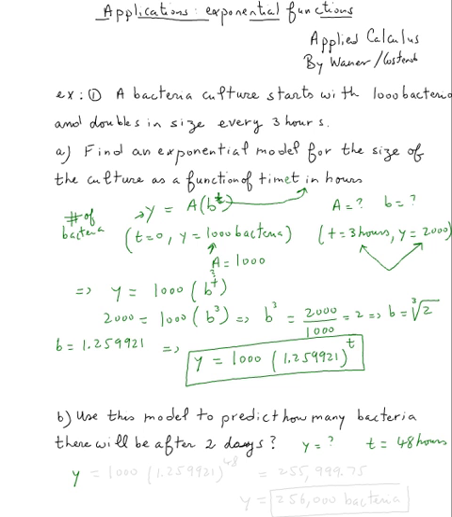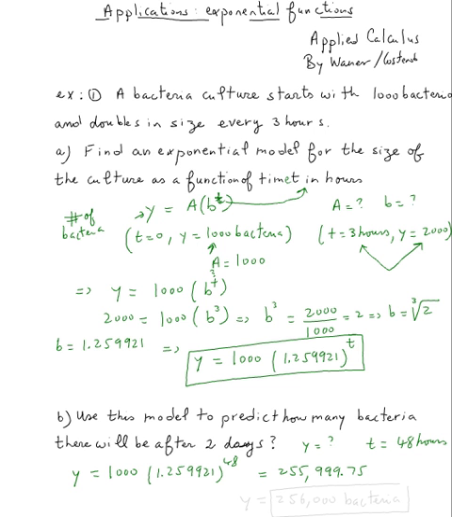So here all we do is plug in 48 hours for t, so y equals 1,000 times 1.259921 to the 48, which, let's use a calculator, is 255,999.75.